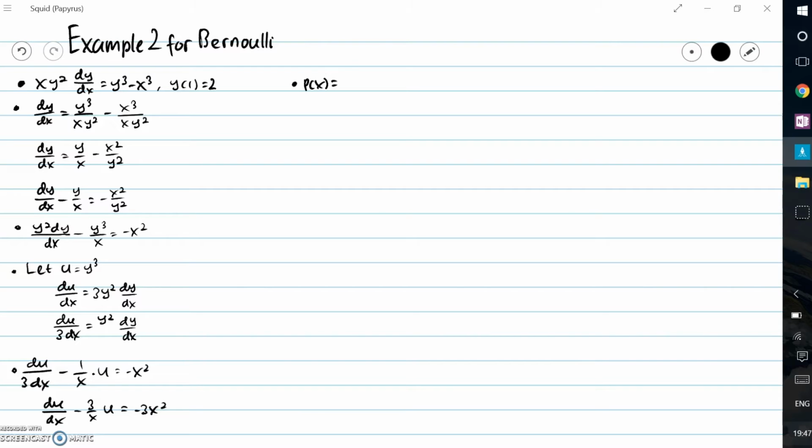Given that we have the standard form now, we can decide p(x), which equals -3 over x. After integrating p(x), we can get mu(x) as 1 over x cubed. After integrating both sides, let's put u on the left side of the equation and substitute back to y.